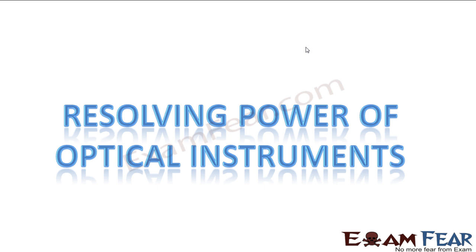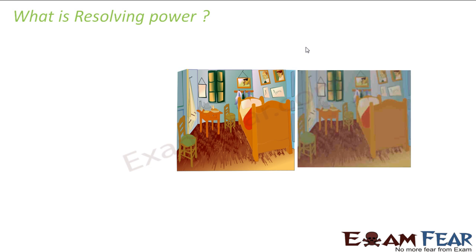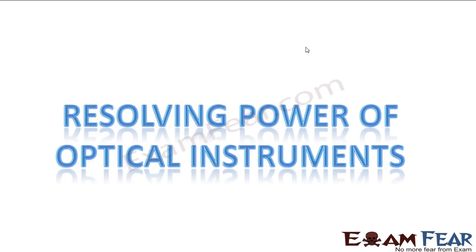So why are we talking about resolving power? Because resolving power is something which is governed by the phenomenon of diffraction. So diffraction plays a very important role in deciding the resolving power of optical instruments, right? So before we talk about any specific optical instrument, let us see what is resolving power.